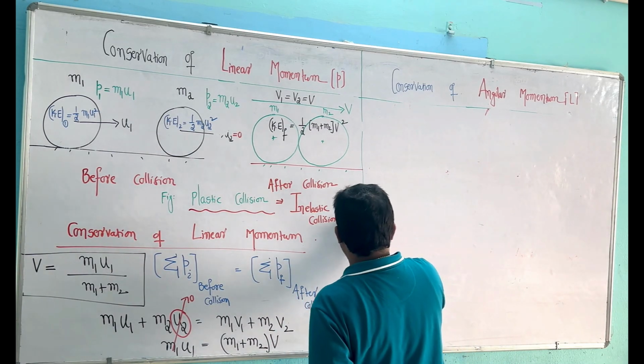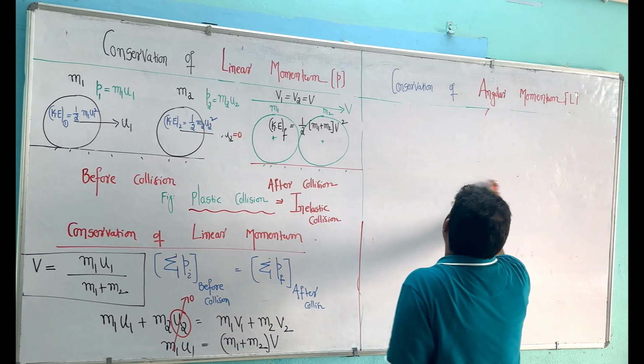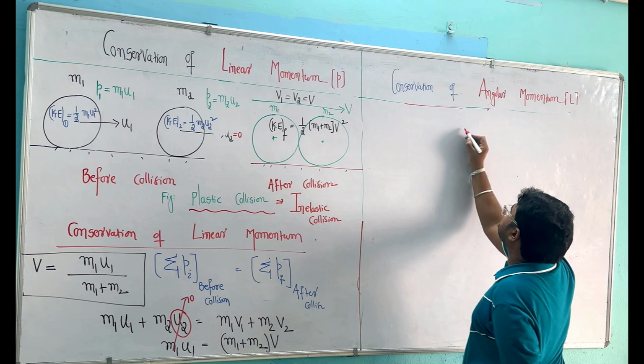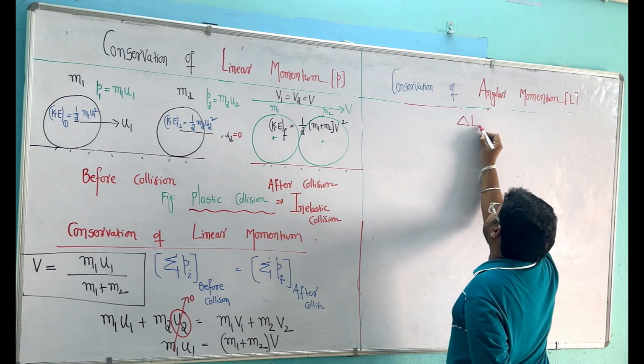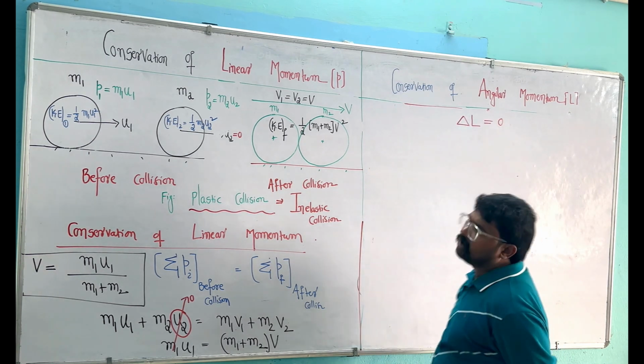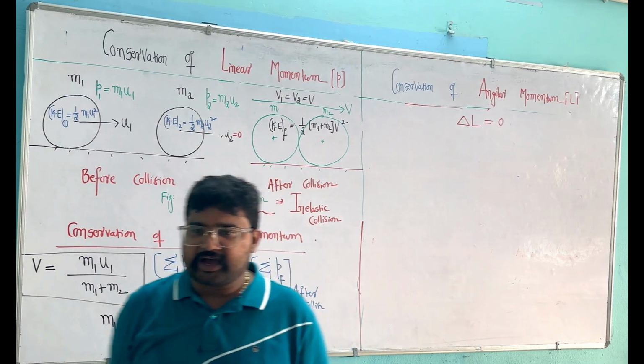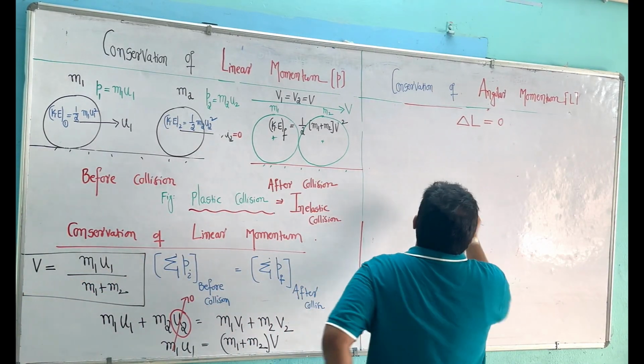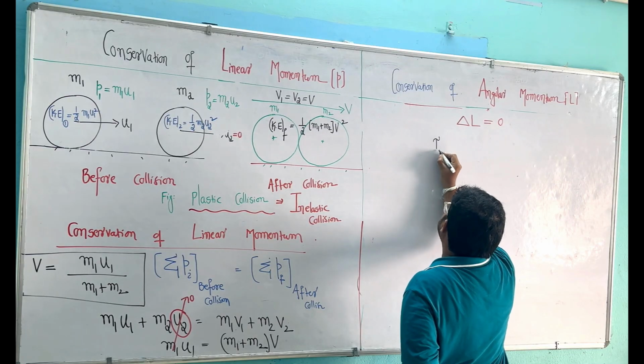Law of conservation of angular momentum means what? Delta L equal to 0. Tau net equal to how much?